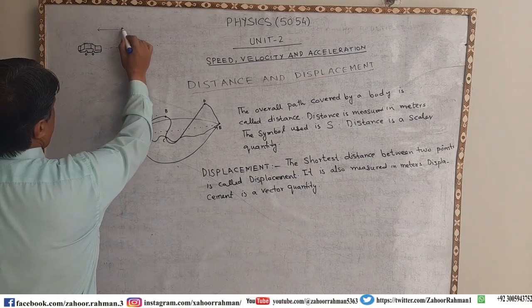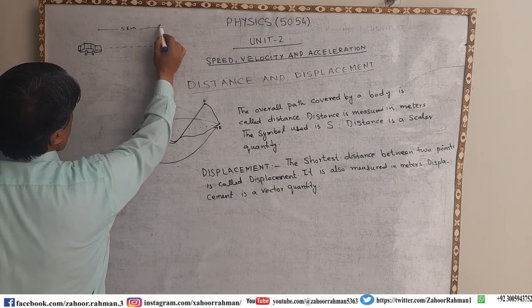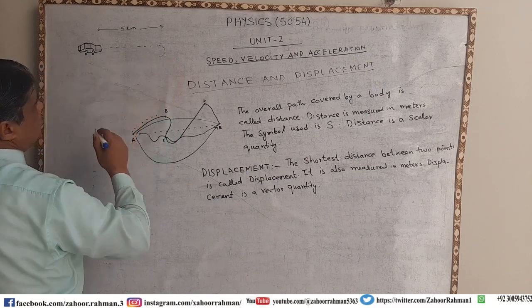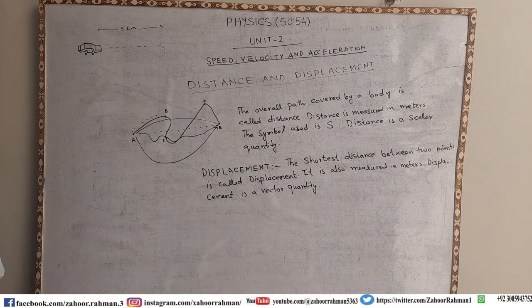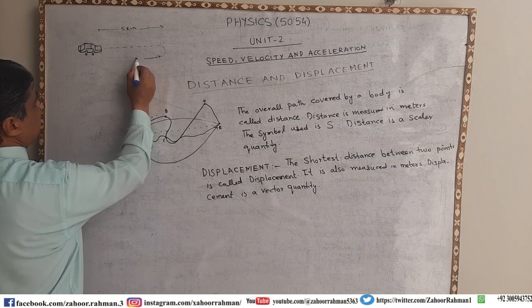This is given in the book. 5 kilometers of distance. Then it took a U-turn and then covered a distance of 3 kilometers.